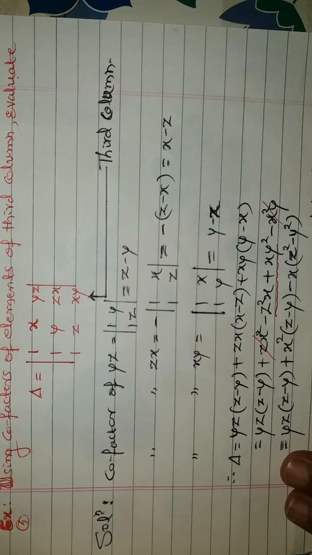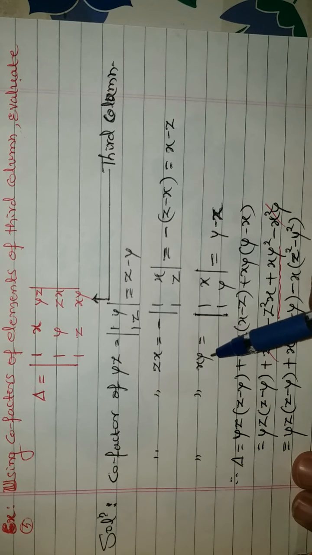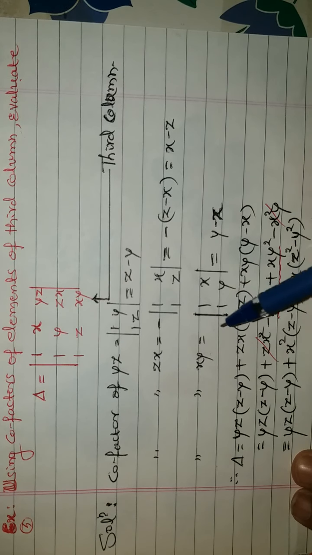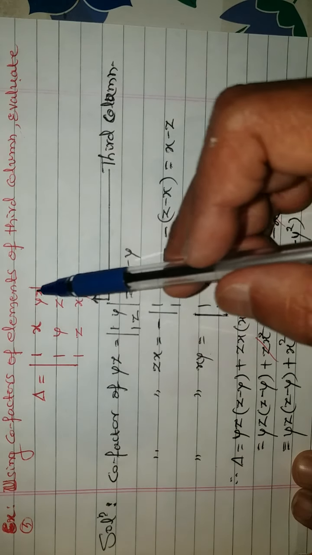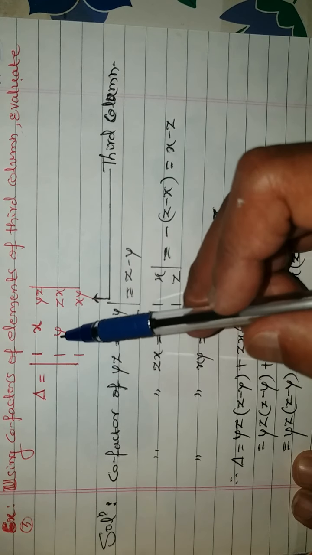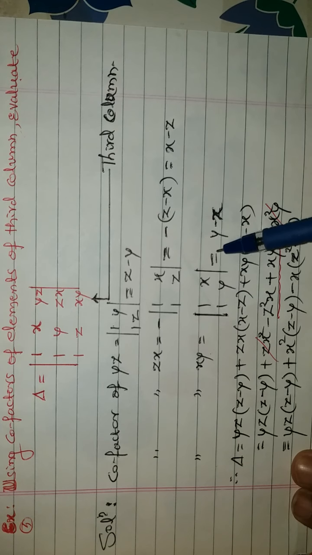And similarly, the cofactor of the third element of the third column, that is xy, equals, you leave this row, this column, that means 1 x, 1 y are the remaining elements.